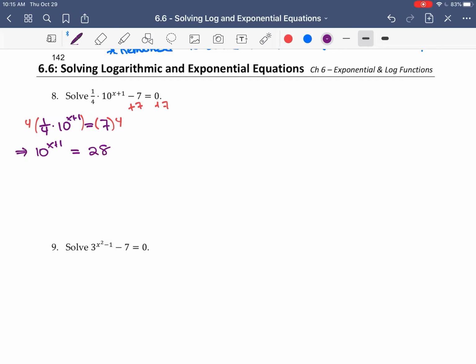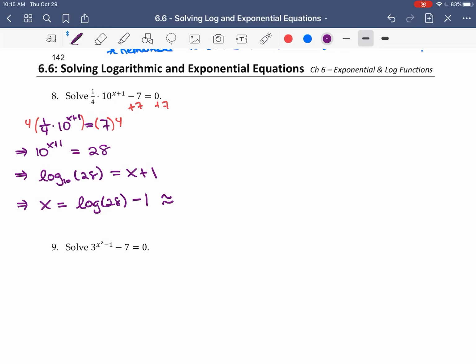Okay, now I can use the log definition, so switch to a log. The base is the base, so it's going to be log, and I don't need to write the base, but it's base 10 of 28 is equal to x plus 1, which means that x is equal to log of 28 minus 1.